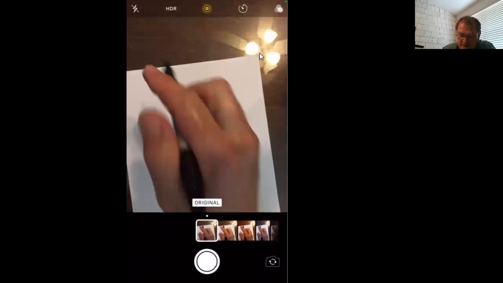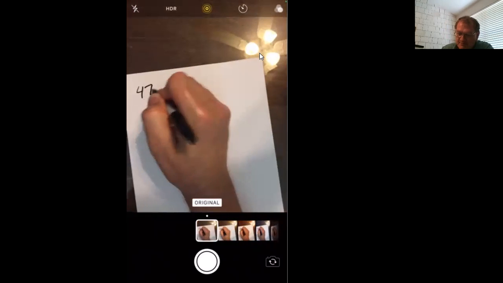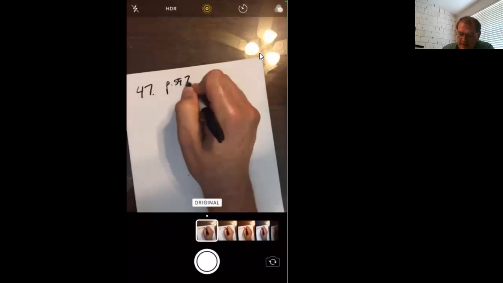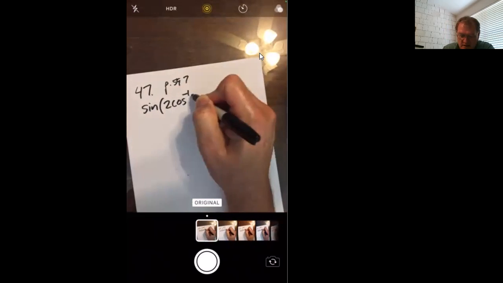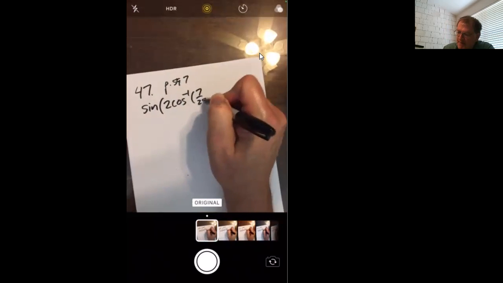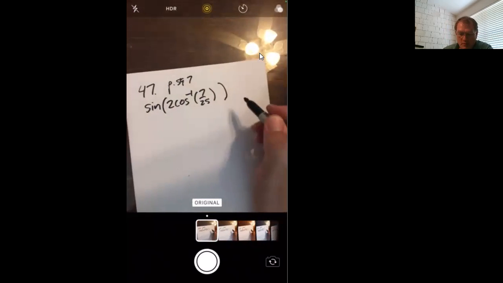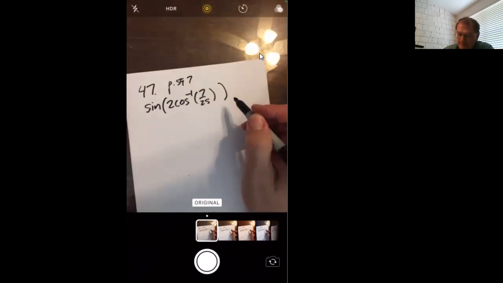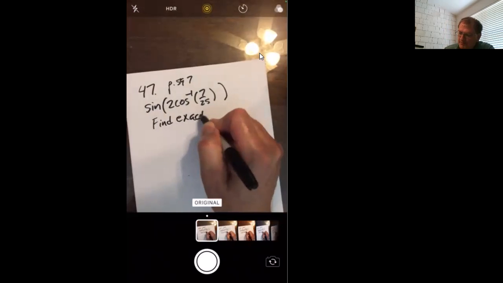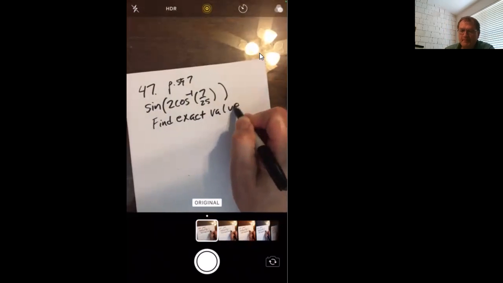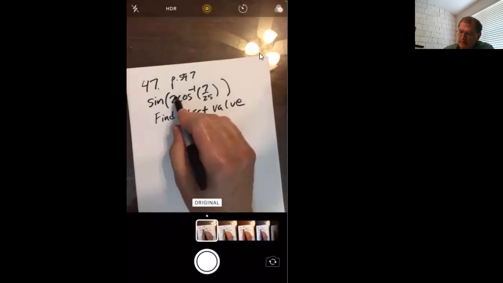Okay, what about one like 47? Take a sine of twice the arc cosine of 7 over 25. Find the exact value. Once again, that's going to be a double angle.